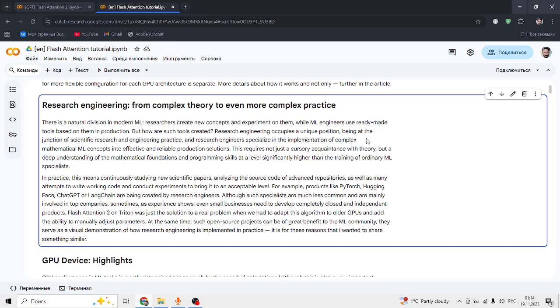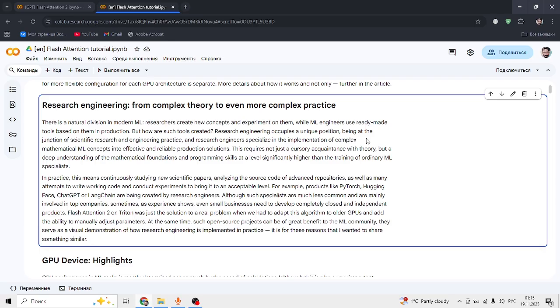There are ML researchers, they develop the concepts on paper. And there are ML engineers who use this, but there is the intermediate specialist who can link both of them. Such specialists take research papers and transform them into real working, production code. And this is my direction.